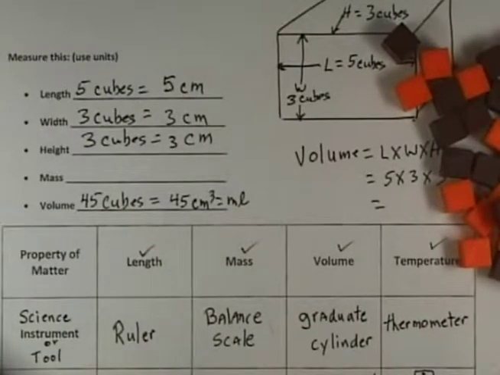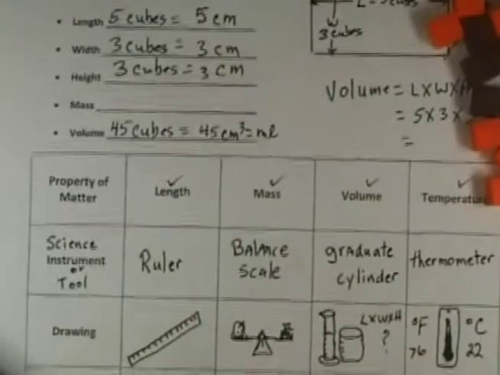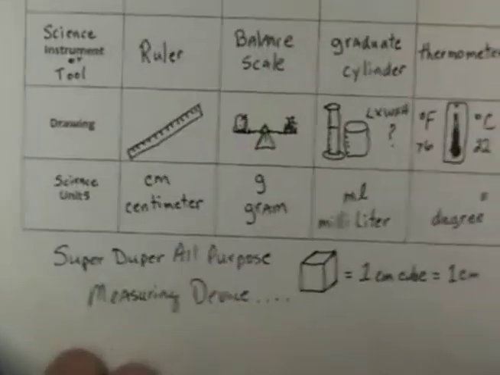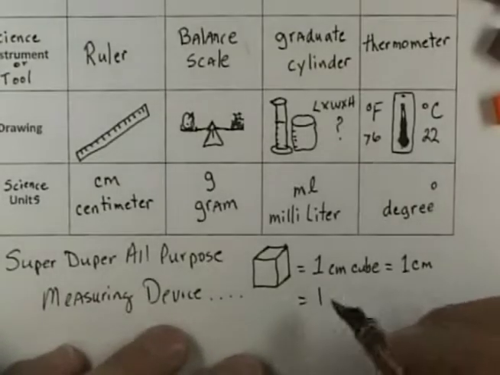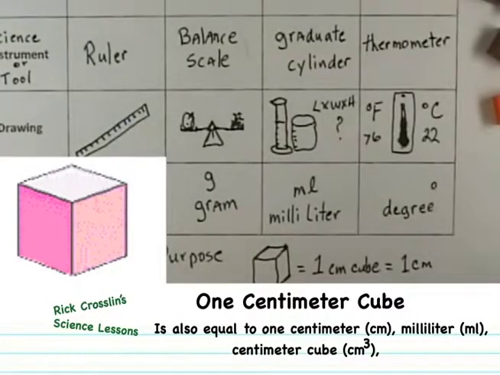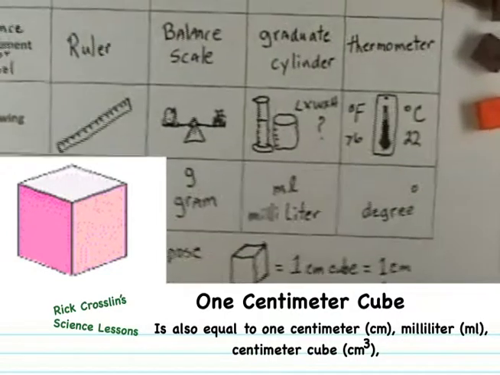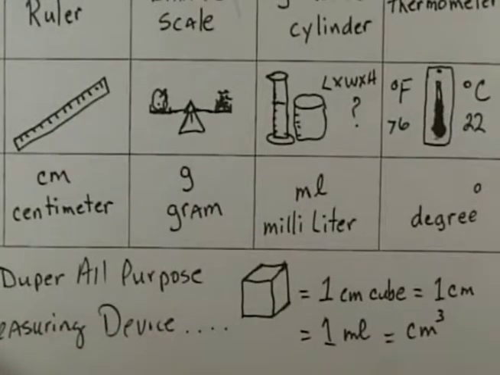Wow, this is a super duper all-purpose measuring device because that cube is also equal to 1 milliliter of volume, or 1 centimeter cubed with a little 3 right there. Just think, this one little thing does that. Thank you, computer. But will you tell me how to use it for mass? Will you tell me that?